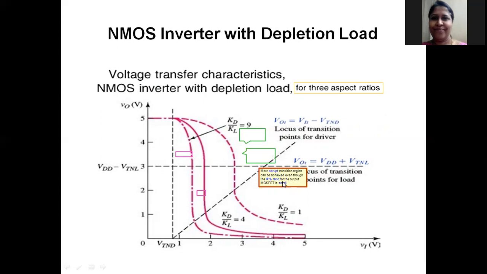It is nothing but beta N of the depletion device divided by beta of the enhancement device, that is the W by L ratio.